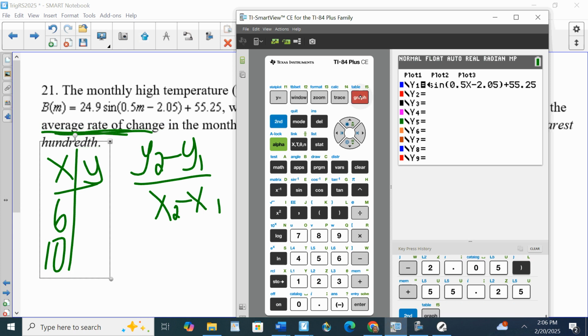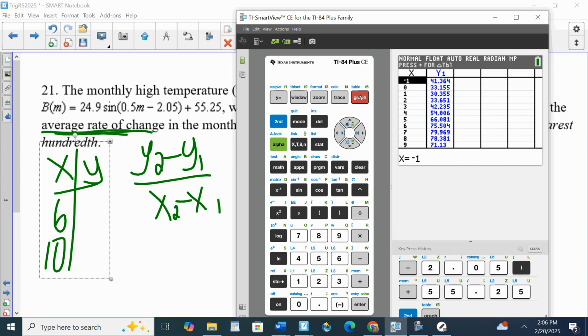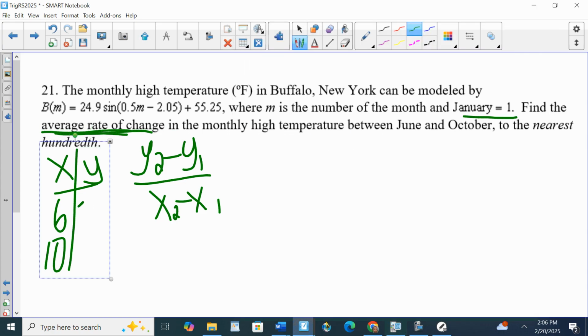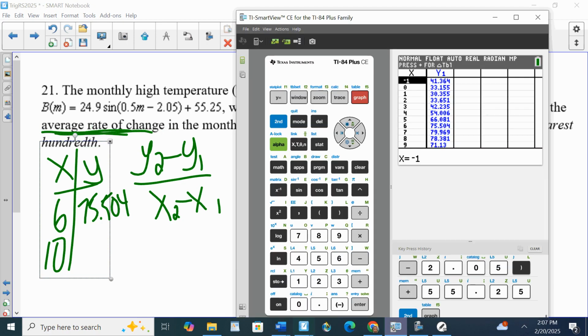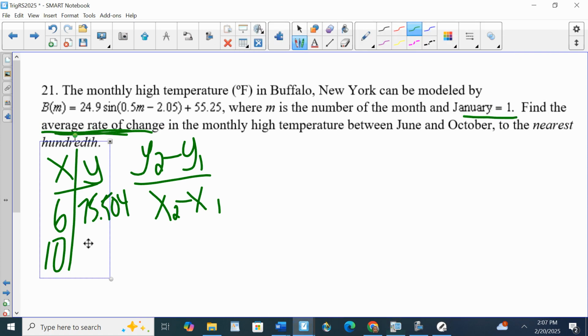I go to my table, 6 to 10. 6 is 75.504, 10 is 59.992.